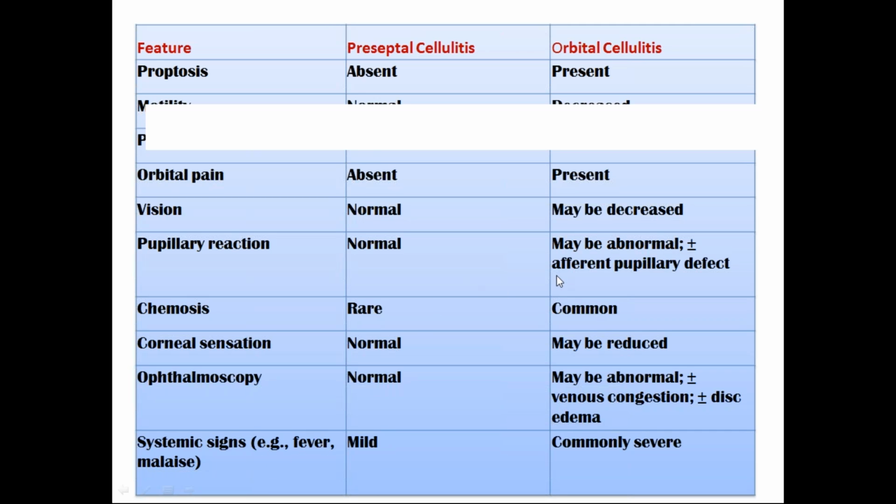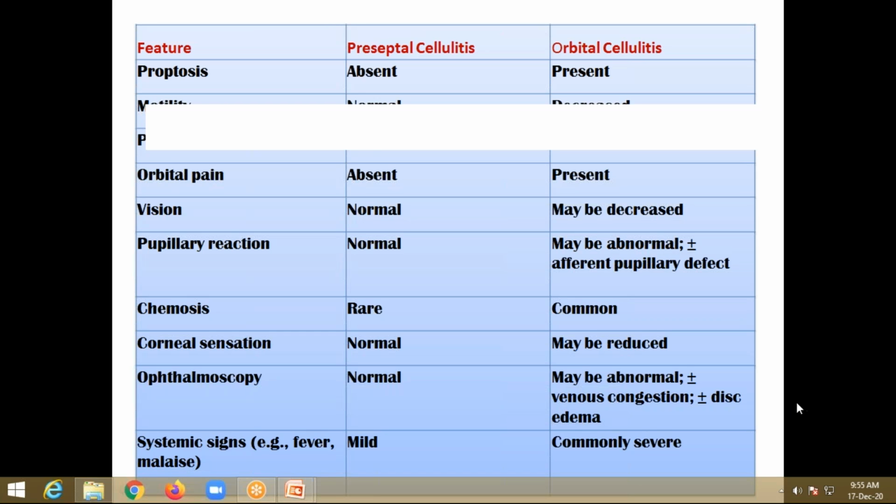Whereas in the case of orbital cellulitis, there will be decreased vision, the pupillary reaction will often show a pupillary defect or may be abnormal, and chemosis will be common because of the involvement of the conjunctiva. Corneal sensation will be decreased, and ophthalmoscopically there will be abnormal findings or venous congestion with or without disc edema, and severe systemic symptoms.